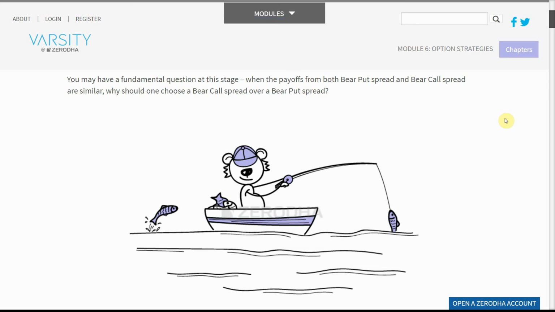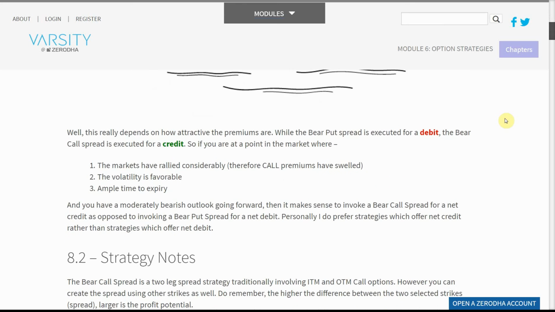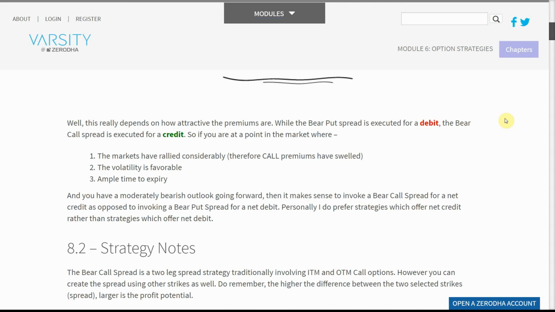Well, this really depends on how attractive the premiums are. While the bear put spread is executed for a debit, the bear call spread is executed for a credit.